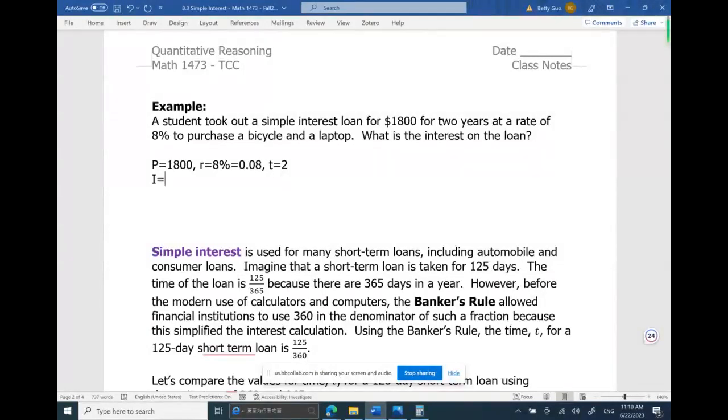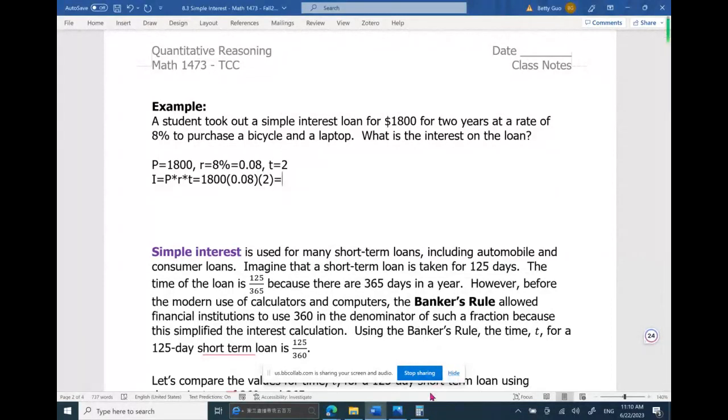So I write the formula, P times R times T equals 1800 multiplied by annual interest rate as a decimal, 0.08, and then multiplied by 2.